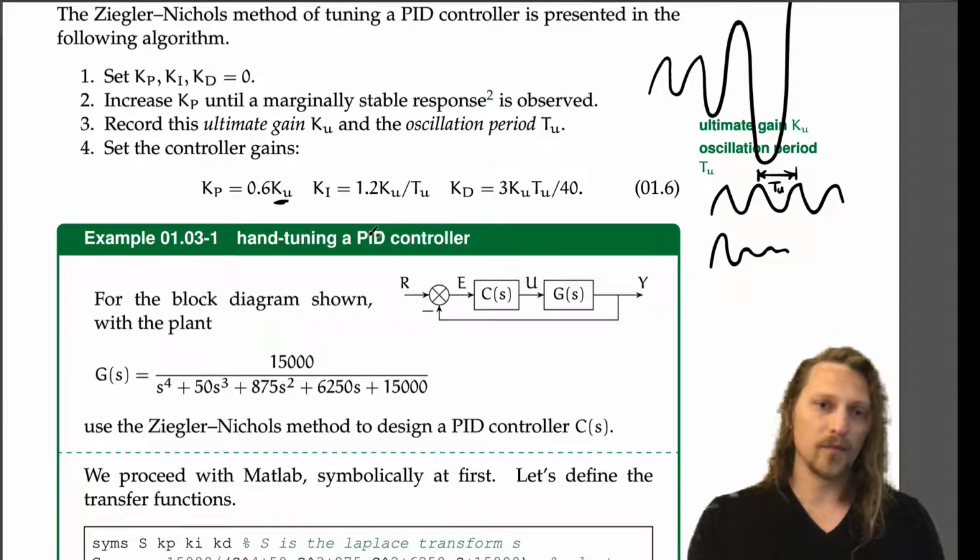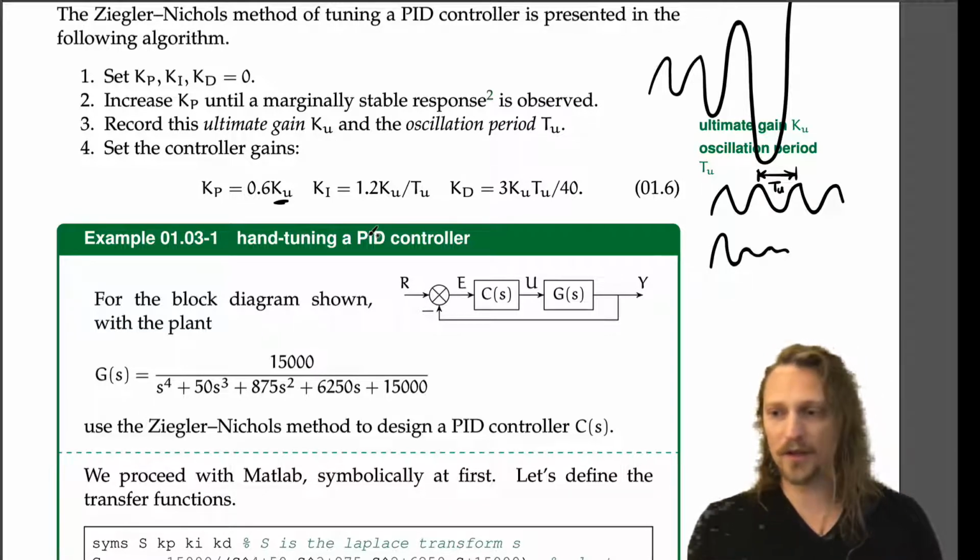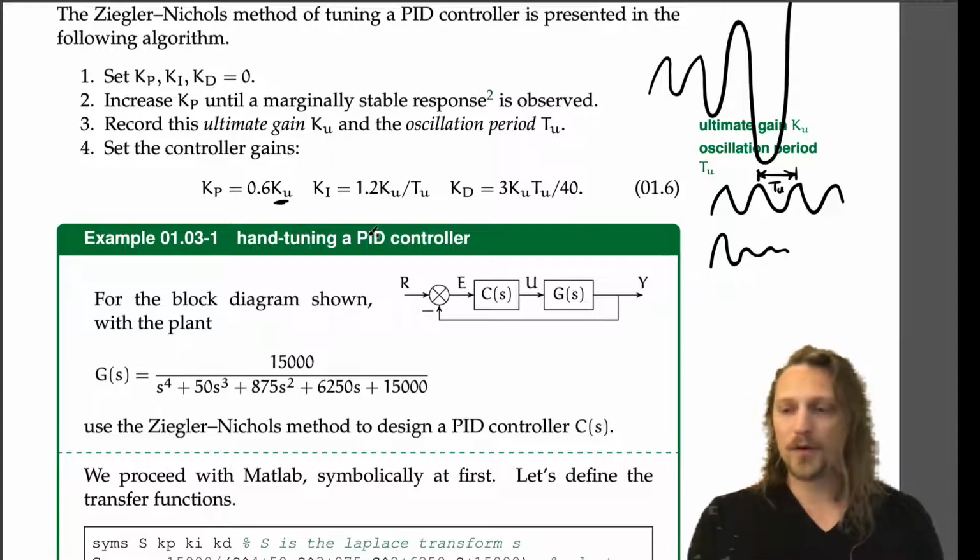Those are some nice features, and many controller designs have those as criteria.